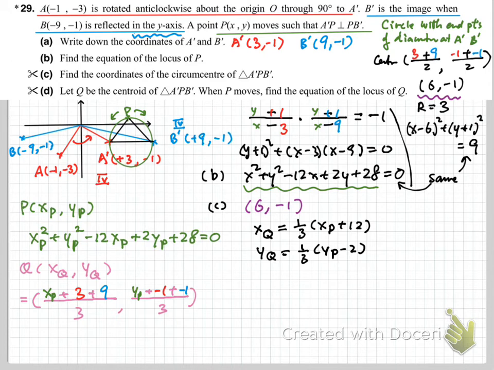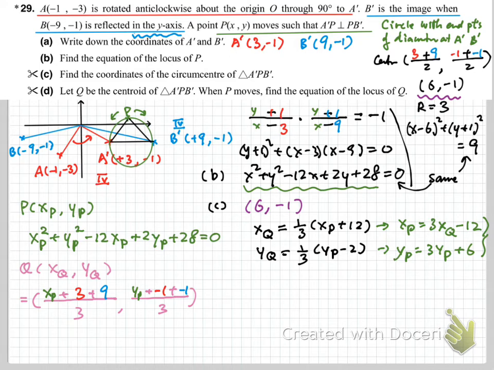Alright, we may change xp as the subject so that we have xp is 3 times xq minus 12. Alright, and then yp will be 3 times yq plus 6. Alright, this is the relation between xp, xq, yp, and yq.